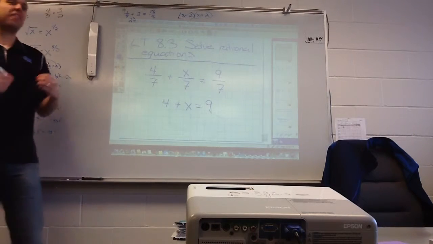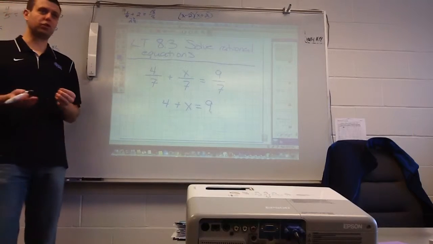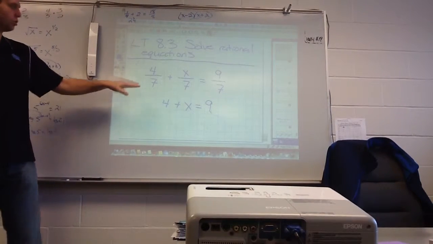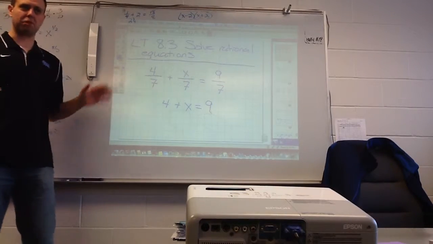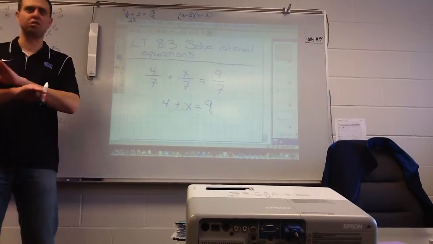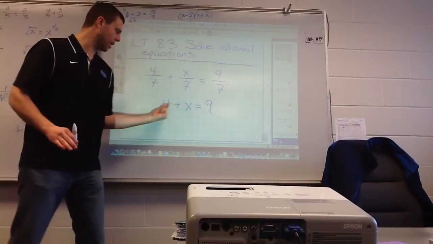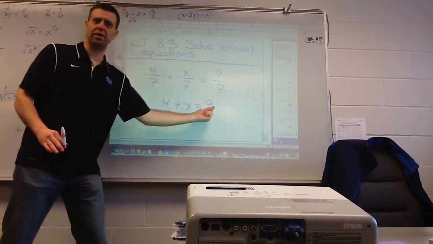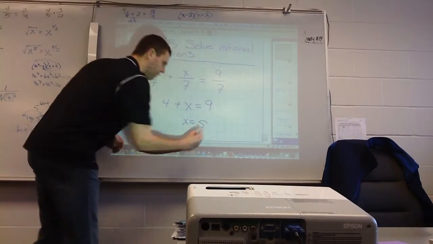So that's the first method that I'm going to show you. Let's make all of the denominators become the same thing and then just flat out ignore the denominator. Write the numerator, and then solve. Minus 4, so you get x equals 5.